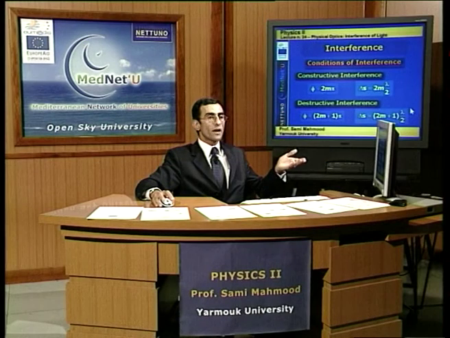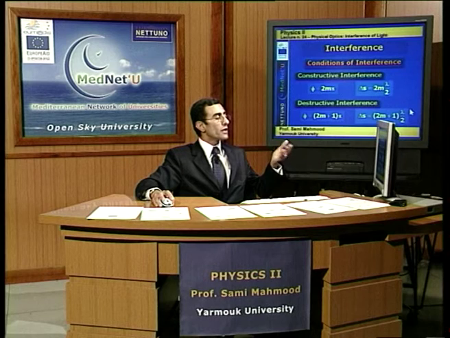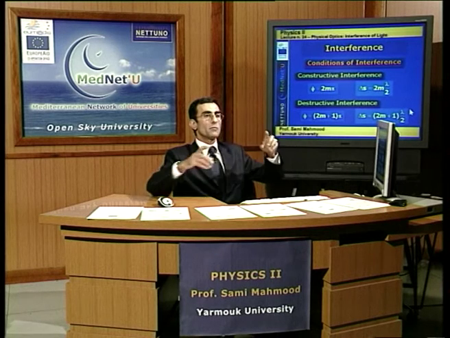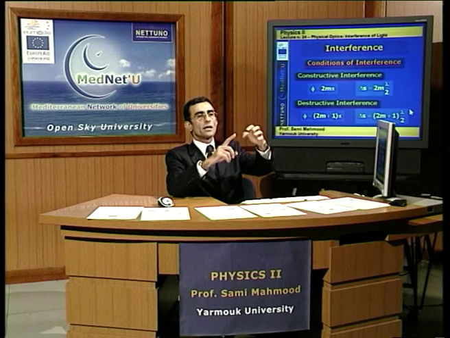So an odd number of lambda over 2 would give destructive interference, because at a certain point one wave has a maximum and the other wave has a minimum, and we have destructive interference.